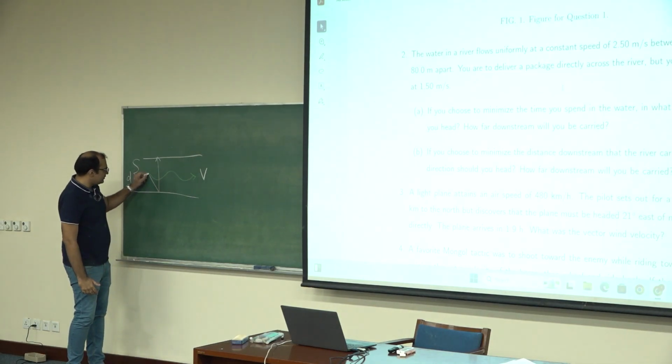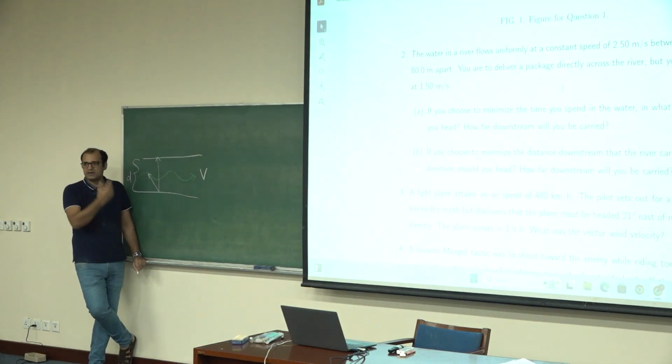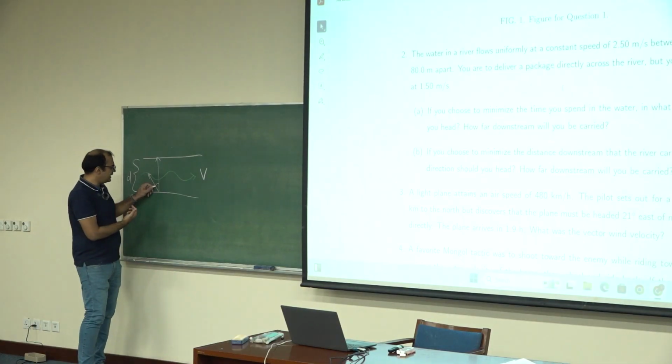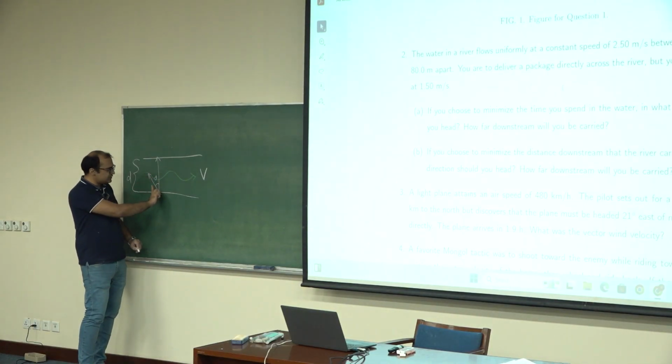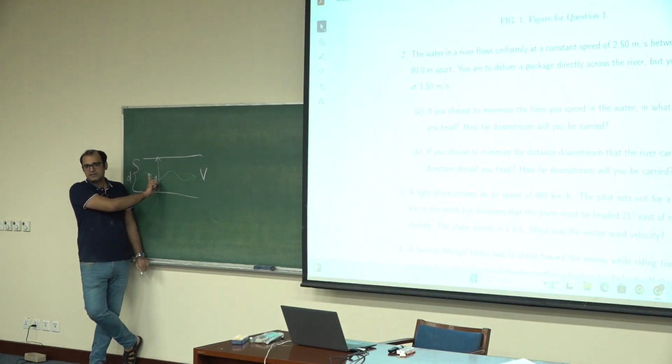If you start swimming in this direction, for example, ये कोई angle बना रहा है, and the size of this arrow has some limit. The size of this arrow cannot be bigger than 1.5 meters per second. What have you done? You have made this component of the velocity smaller than what could have been.